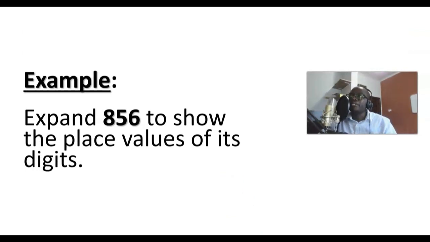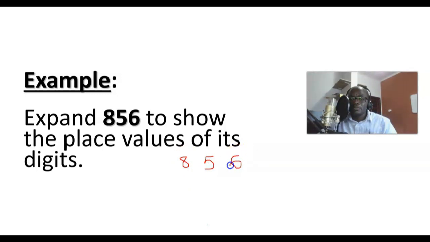Now, what we are saying is numbers which are written in base 10, each of the digits in that number can be expressed with bases which are the digit 10. So, for example, if we have 856, what we have is this: 8, 5, 6.